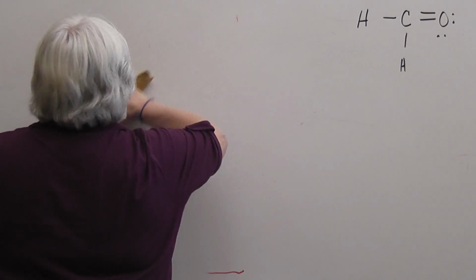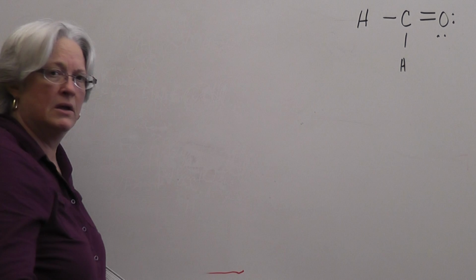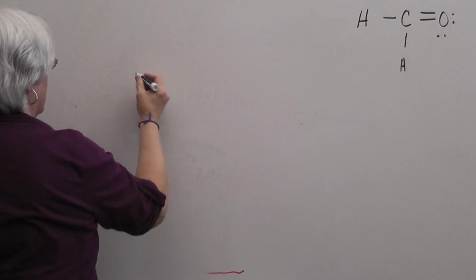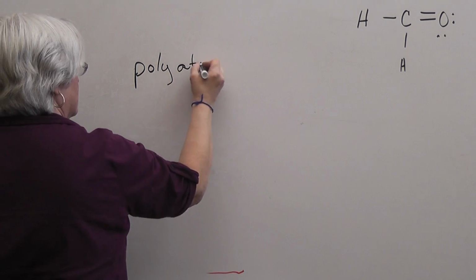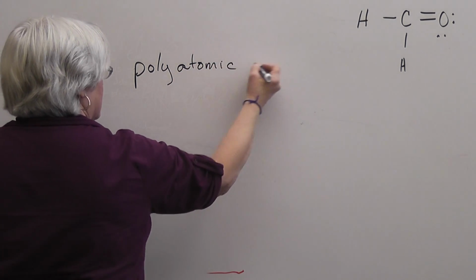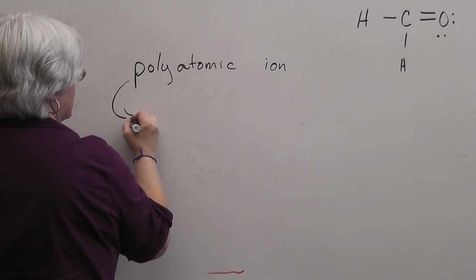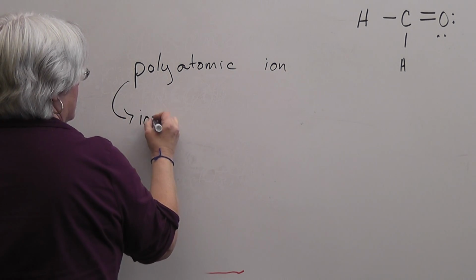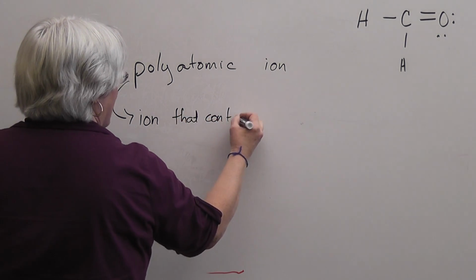But the crux of the first several pages in Module 9 is simply to tell you what a polyatomic ion is. A polyatomic ion is simply an ion that contains more than one atom.